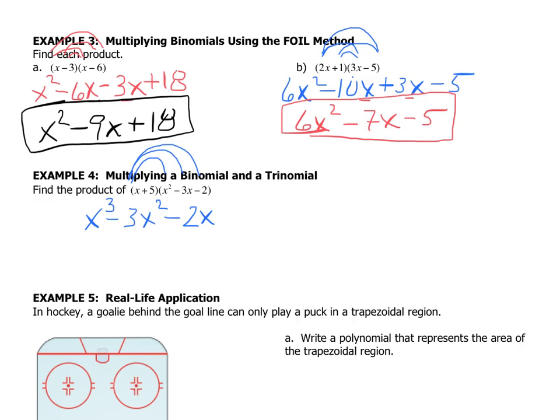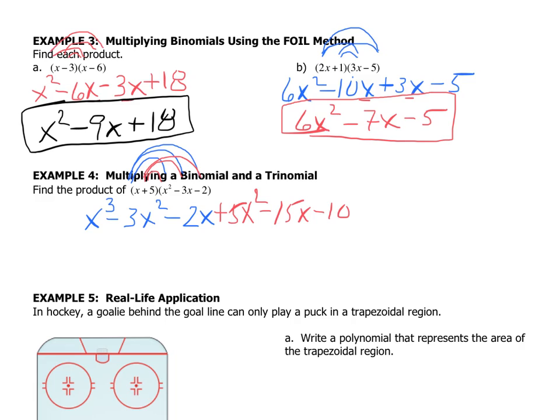Then we're going to go to the 5 and do the exact same pattern. 5 times the first x squared is going to give me 5x squared. Back to the 5 times negative 3x is a negative 15x. And then one more time, the 5 times the negative 2 is a negative 10.